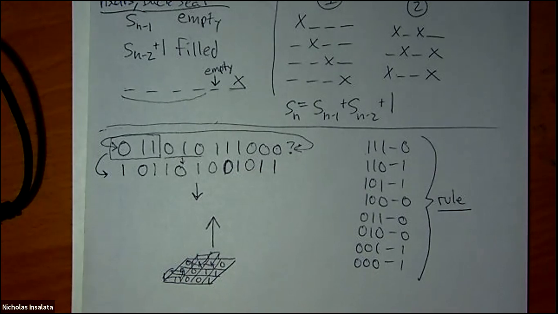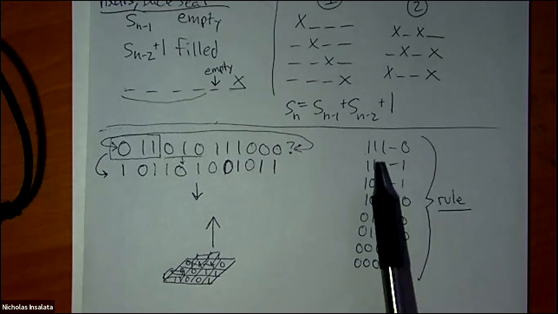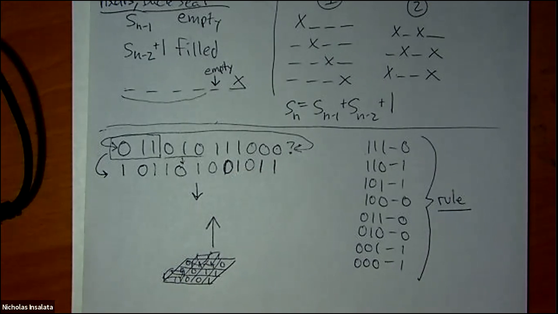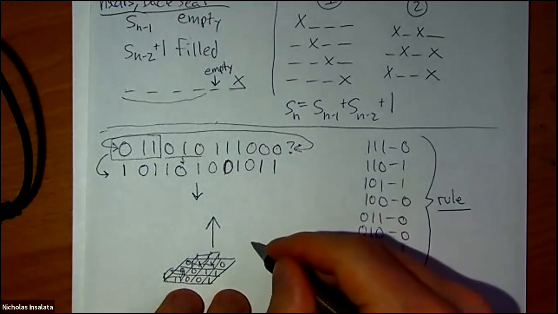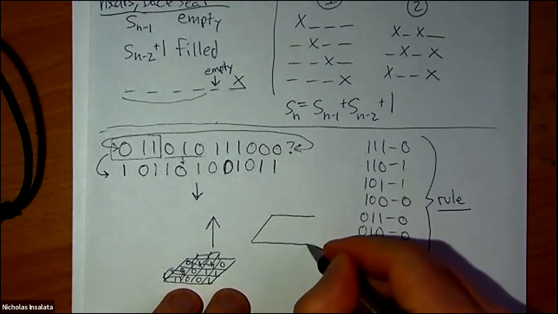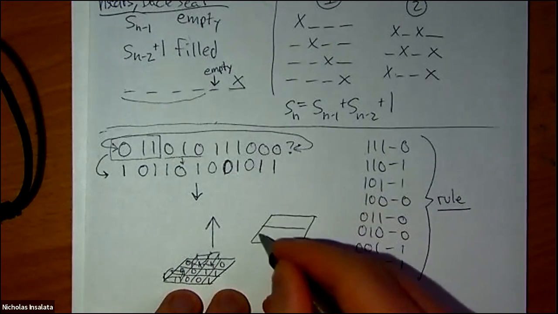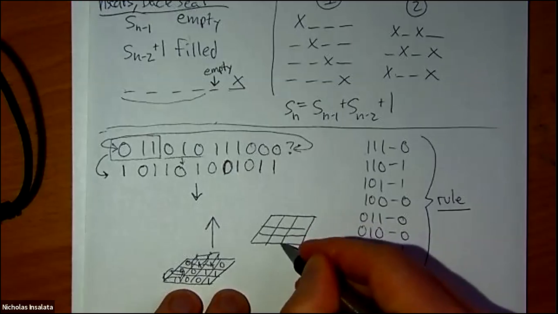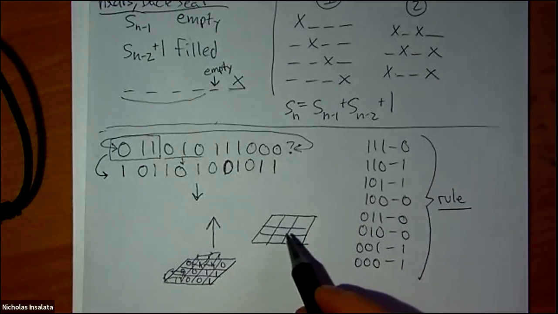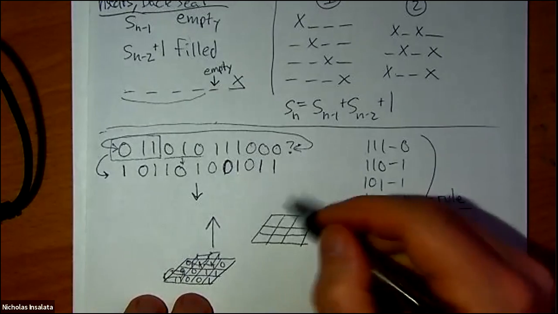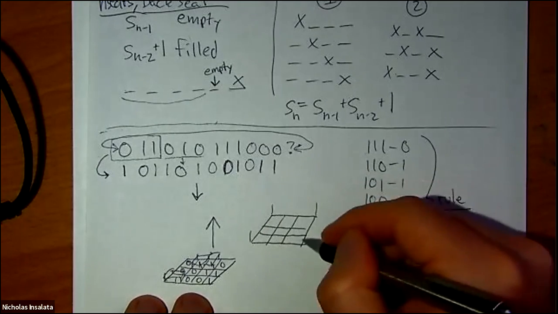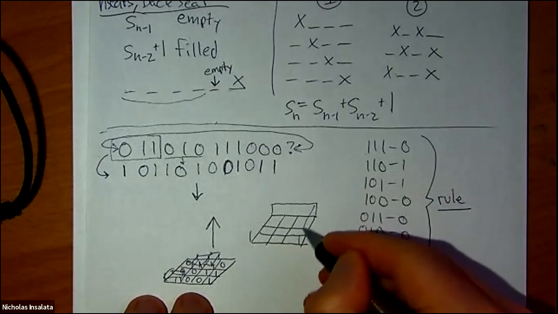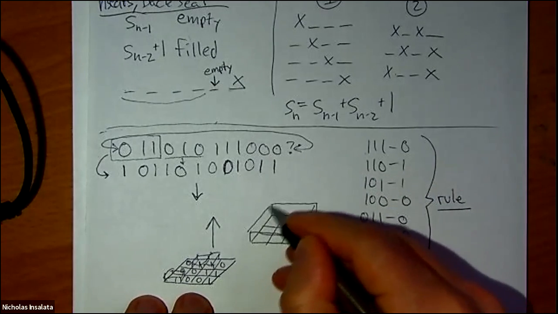So let me ask you a question. How many different slots do we need for the rule now if we're in 3D? If we have this situation here, where this whole thing is a little layer, right?